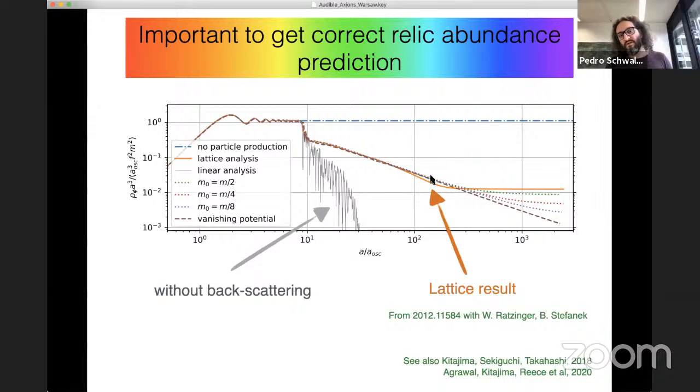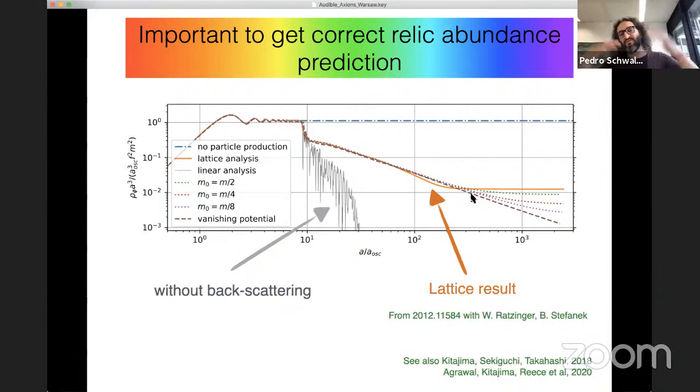We confirmed it, and we also explored possibilities on how to readjust the relic abundance, for example, by looking at models where the mass of the axion at the bottom of the potential is either smaller than the overall slope or actually even vanishing.